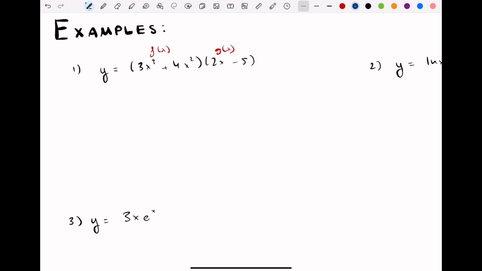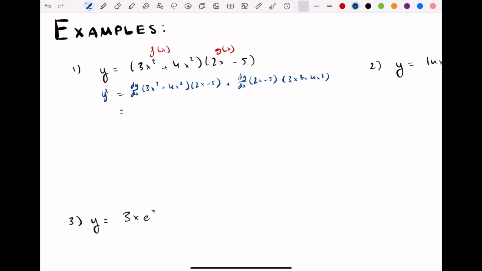So y prime, or the derivative of y, is going to be firstly the derivative of f of x, so in this case dy dx of 3x cubed plus 4x squared, times g of x, the other function, so 2x minus 5, and then plus, we're going to take the derivative of the second part of the function and just multiply it by the first part without taking its derivative.